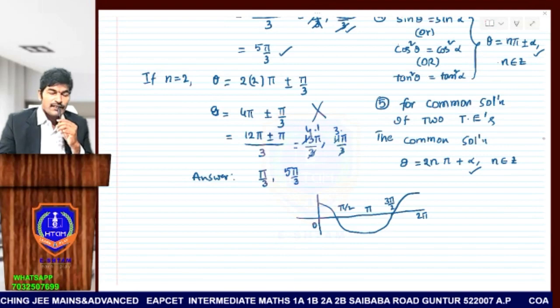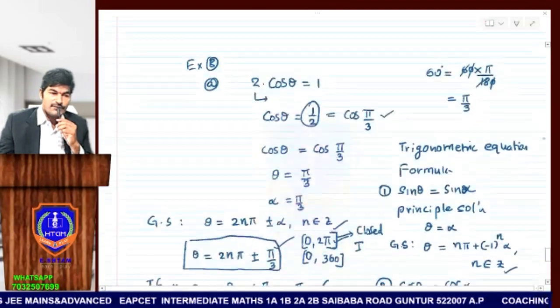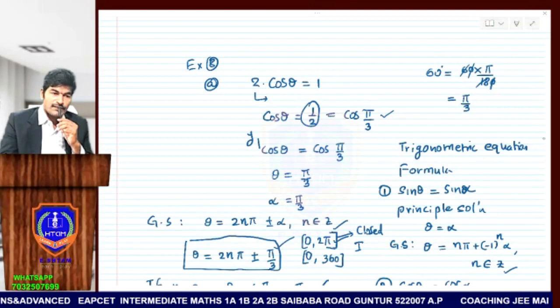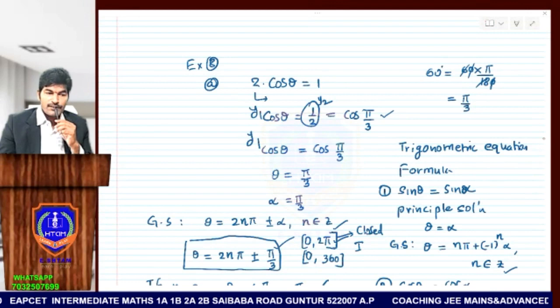And what is the line? You have to say this equation. If you are using the graphical method, you have to assume the left side is y1 and this value, 1 by 2, is y2. If you are finding the solutions according to formulas, you will follow differently.